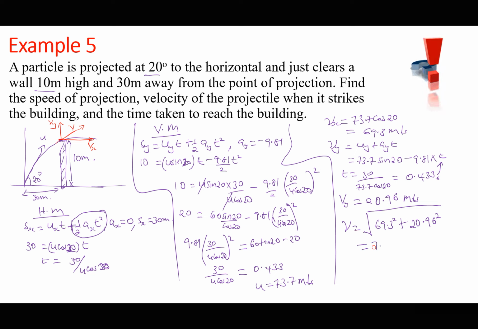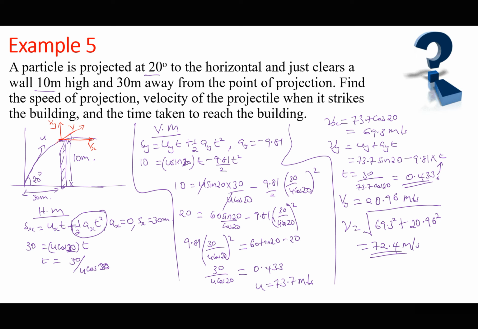The resultant velocity is 72.4 meters per second. And the time taken to reach the building, we have found it as 0.433. And the resultant velocity is 72.4. Maybe we may want to find the angle at this point here.